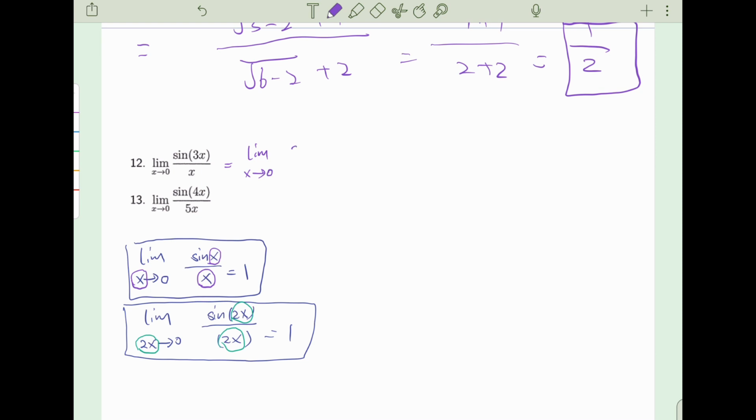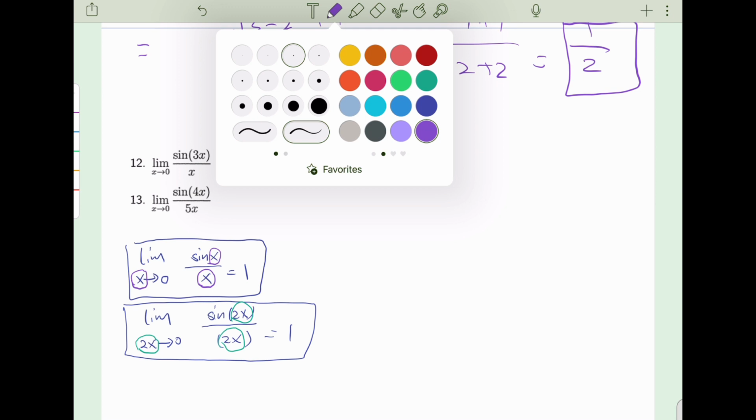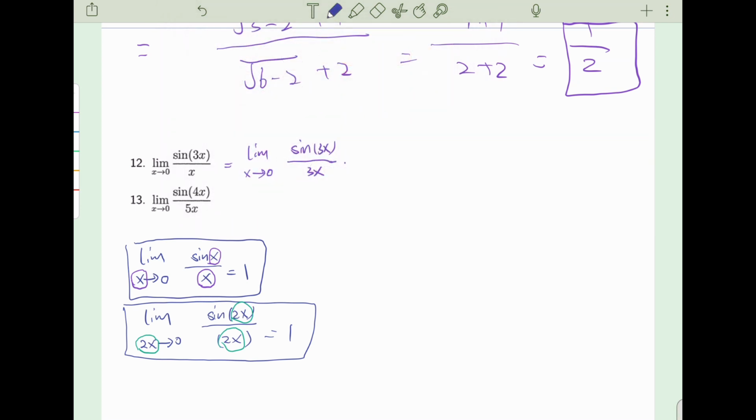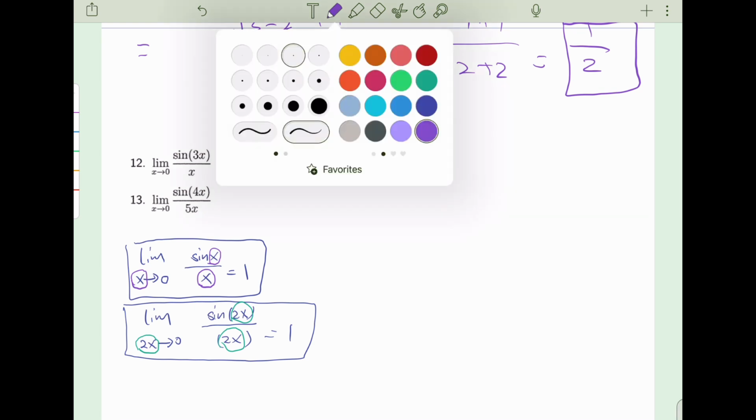So I will need to make up a 3x here in my denominator. Right? And since I make up a 3x, I will need to do the multiplication in the numerator, in order to cancel out this 3x I multiply with, and then place that x here.